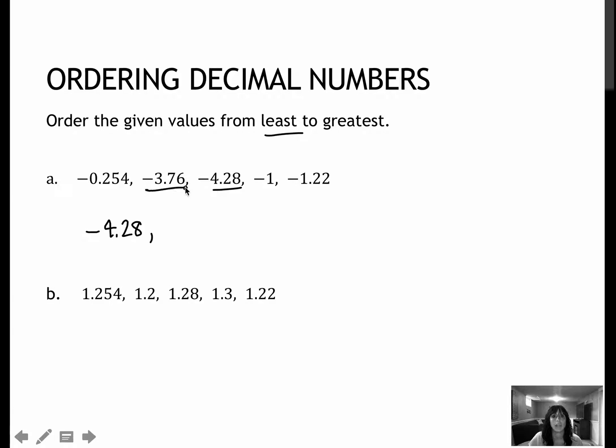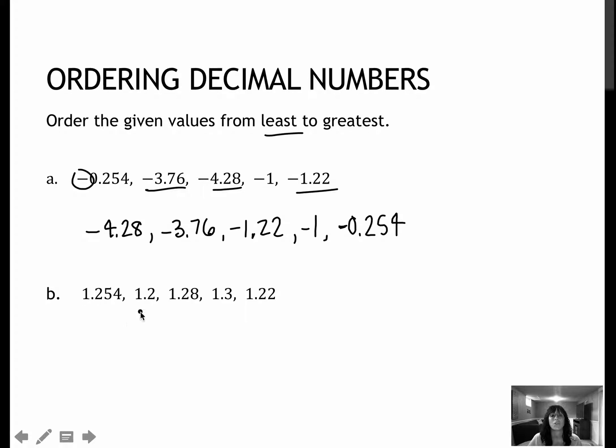Then I would go to -3 and 76/100ths, and then -1 and 22/100ths, and then -1 and 254/1000ths. Not a bad idea to put that 0 in there. So this one was not difficult except for the fact that it was a negative, and so it goes kind of in the opposite way that we would if it were positive.